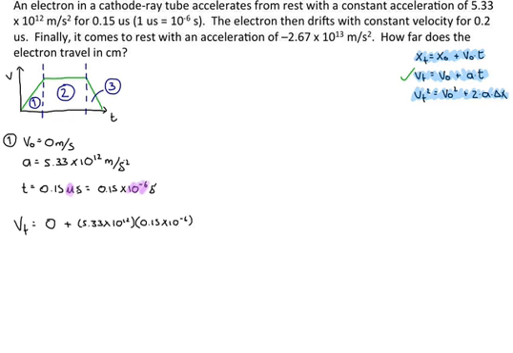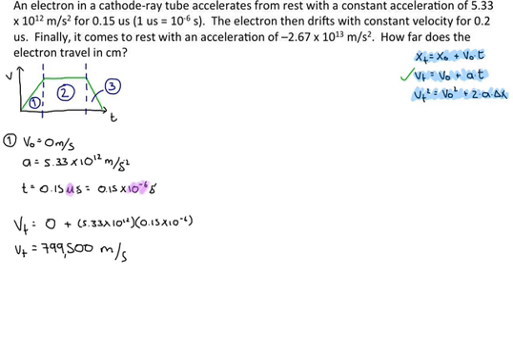So now you take that, you plug it into your calculator, which I hope you already know how to use. Let me see what we get. So the final velocity of the electron after this first part is 799,500, which is meters per second. So that's the final velocity for the first part of the journey.